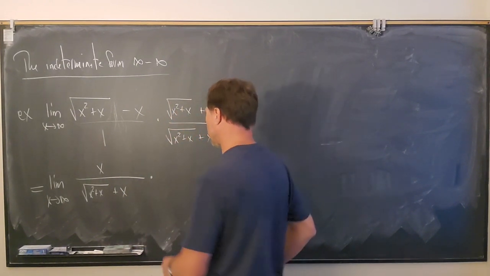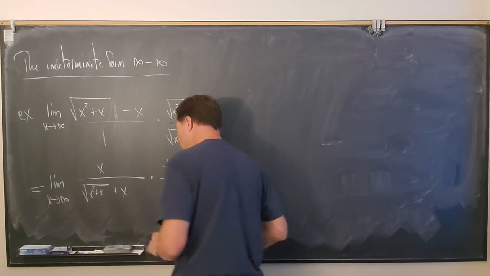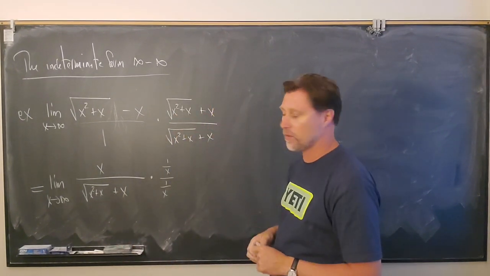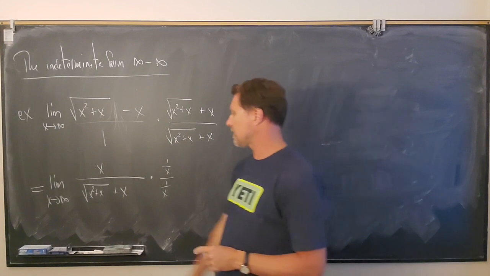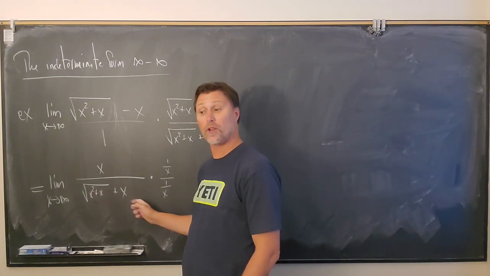And the trick for dealing with that is to multiply by 1 over x raised to the highest power in the denominator. In this case, I've got an x squared under a square root, and I've got an x over here. The highest power is 1.